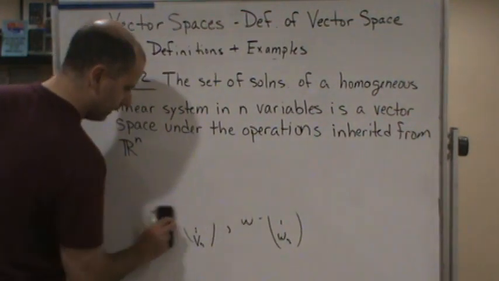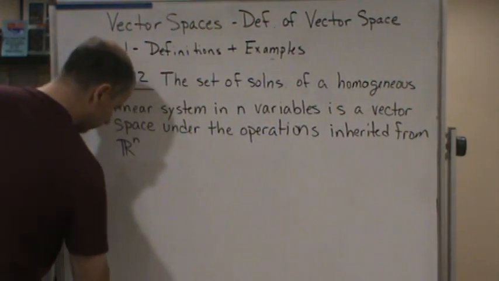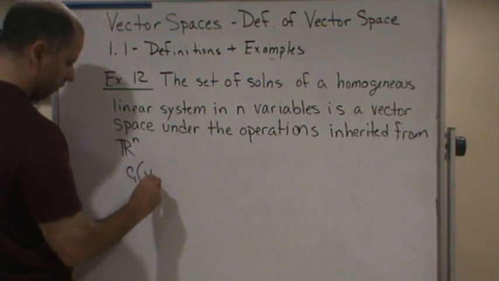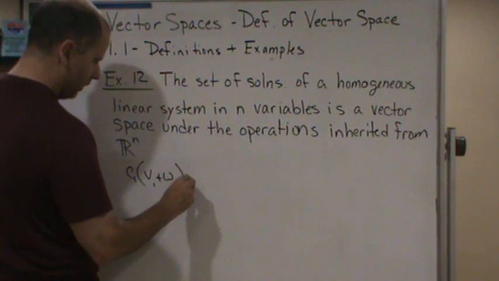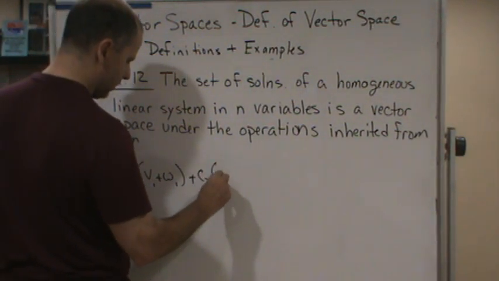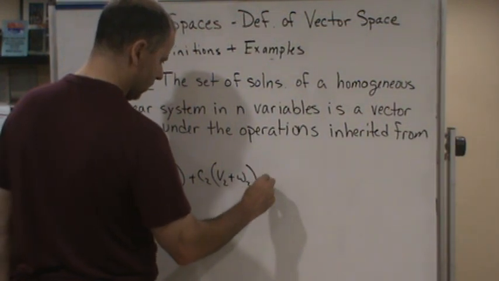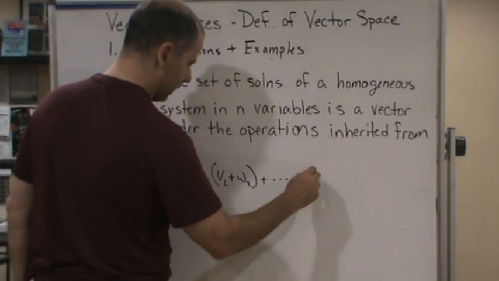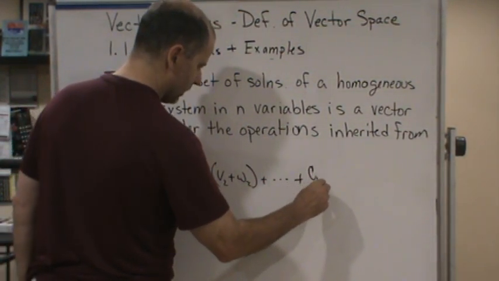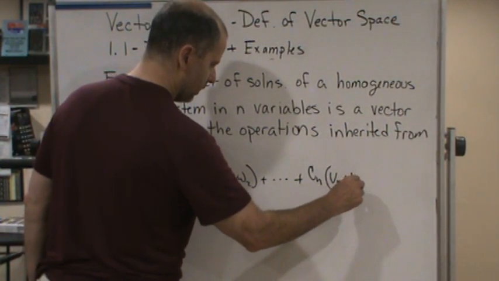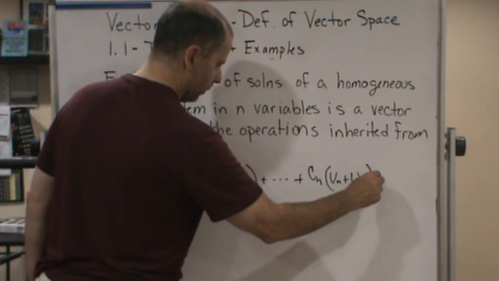So it would be written out like this: C1 times (V1 plus W1) plus C2 times (V2 plus W2) plus dot dot dot plus Cn times (Vn plus Wn).